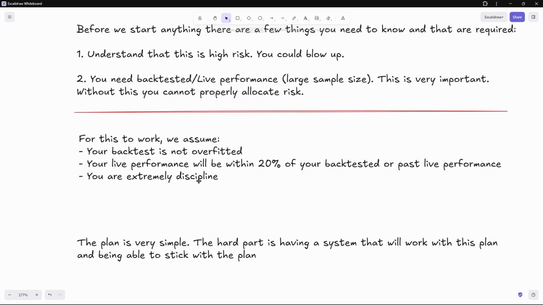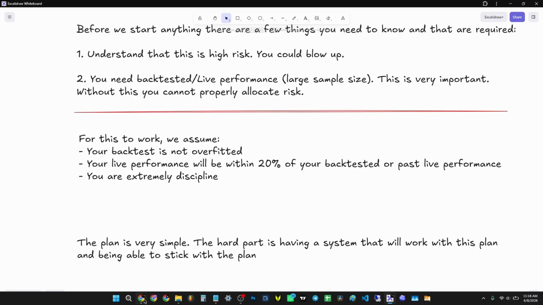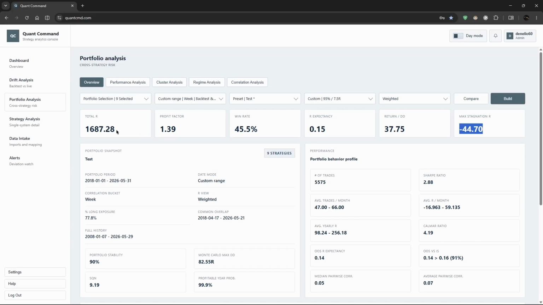Two, your live performance will be within 20% of your backtested performance or your past live performance. So once again, here you can see our percentage return of 1,687% with a max drawdown of 44%. We are now assuming that in the future, our max drawdown and our returns will be very similar to our backtested performance.